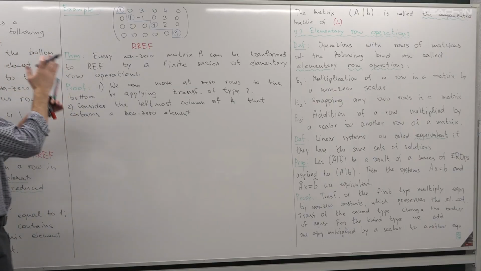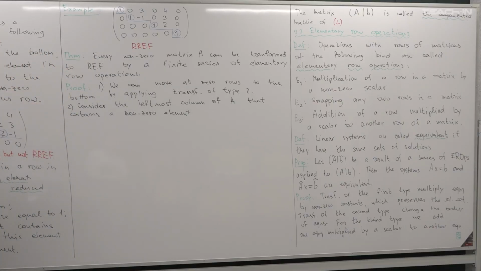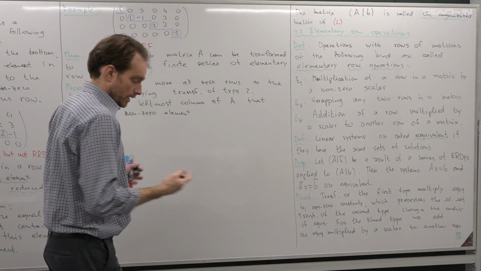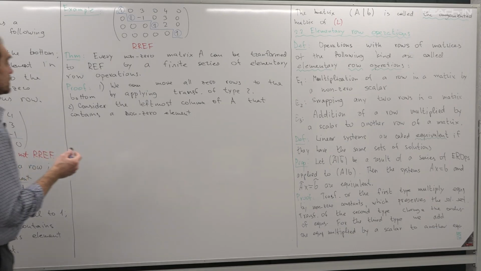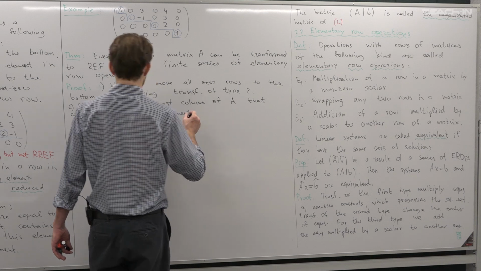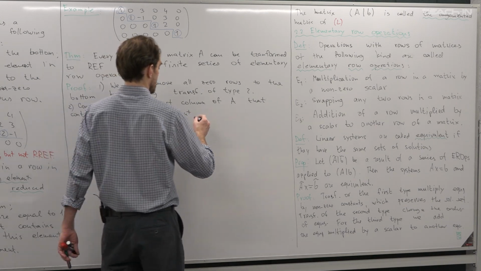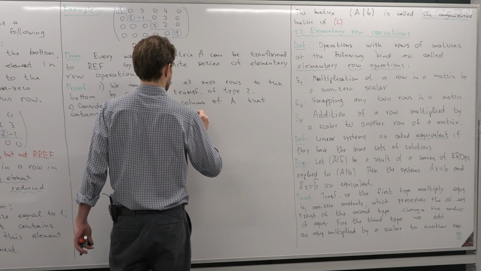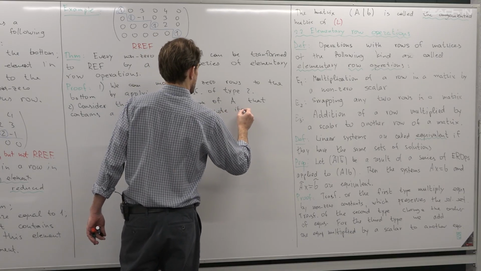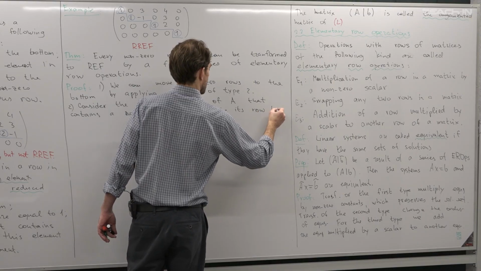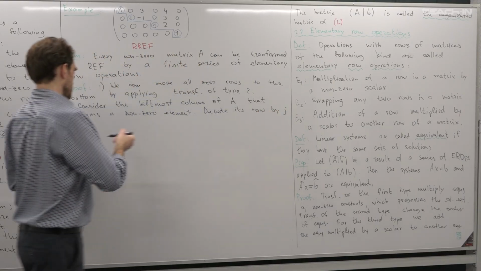It can happen that a number of columns at the left of our matrix are zero columns, so we consider the first non-zero column of our matrix, which contains a non-zero element, and denote its row by J.